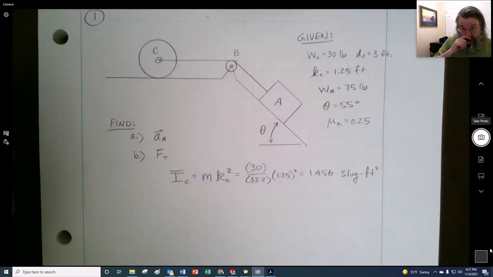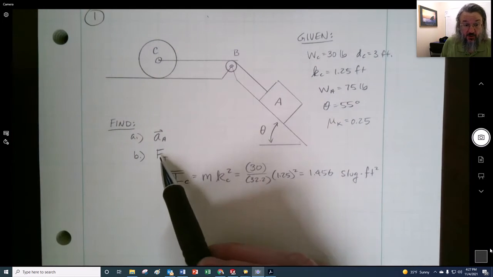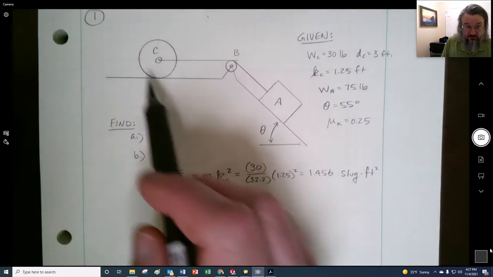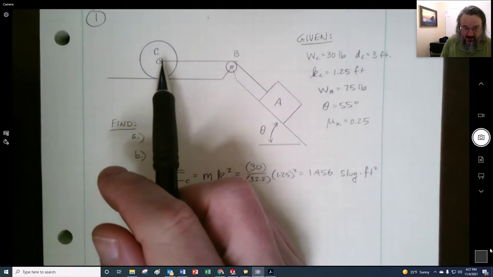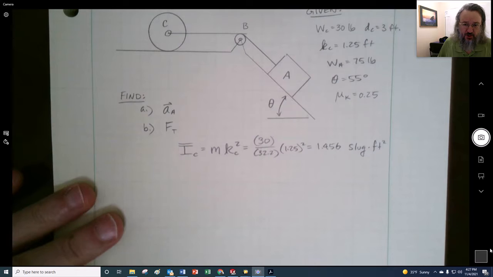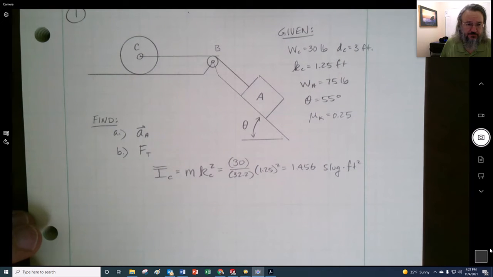Well, first off, I have two parts to this thing joined by a cable, and even though I want to get the cable tension, I'm going to do that as the second thing. First off, I want to get free body diagrams and inertial response diagrams of each of these parts, and they're going to be connected via the cable.